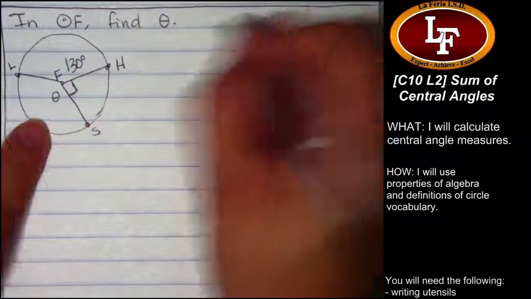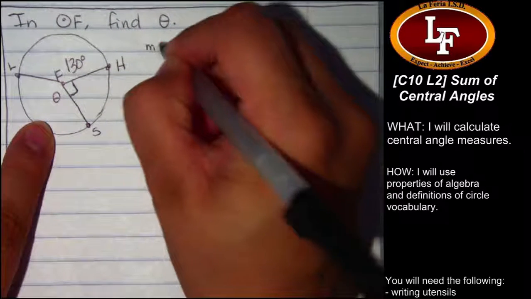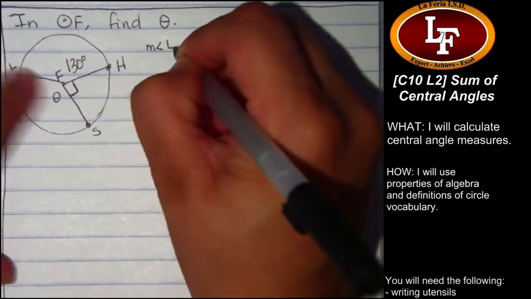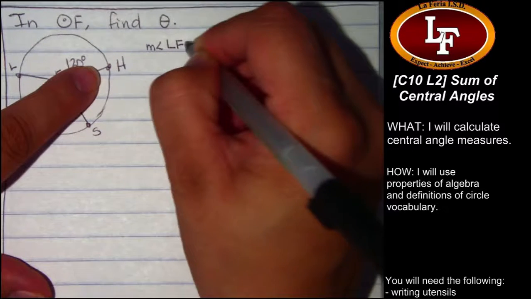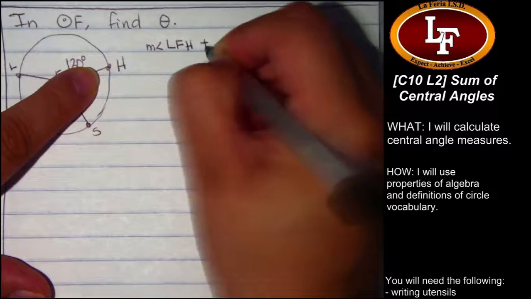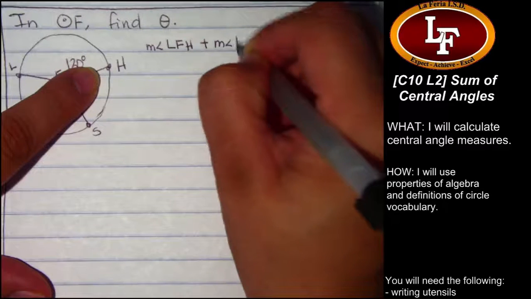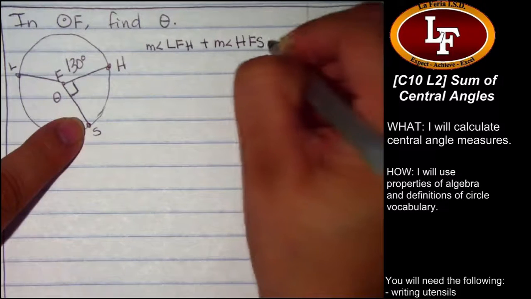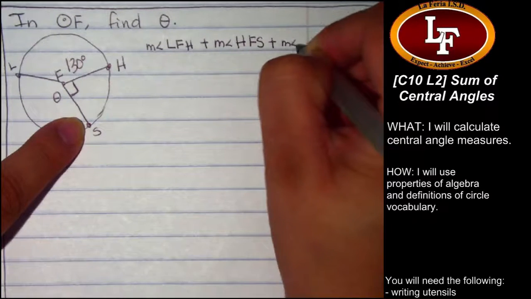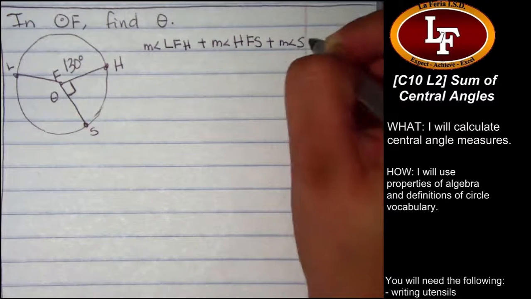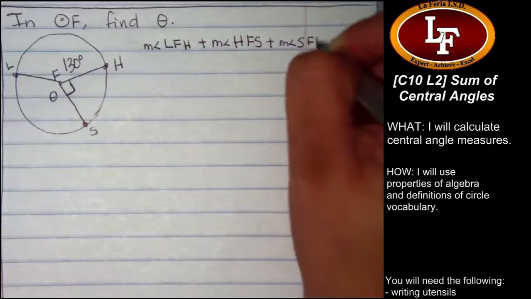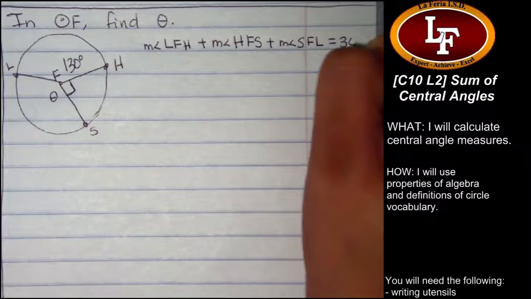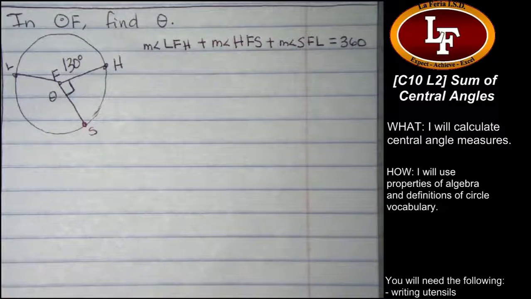And so I am just going to write out the measure of this angle that starts here at L, has its vertex at F and goes towards H, plus the measure of the angle that starts here at H, has its vertex at F and then goes to S, plus the measure of the angle that starts here at S, has its vertex at F and then goes toward L. All of those added together needs to give me a full rotation of the circle, which is 360 degrees.